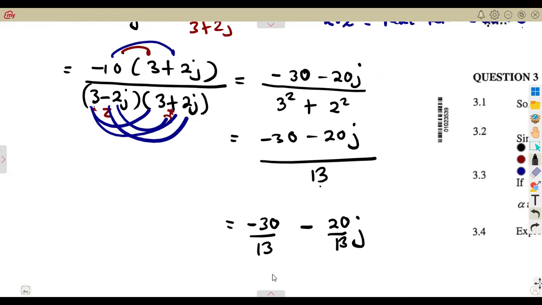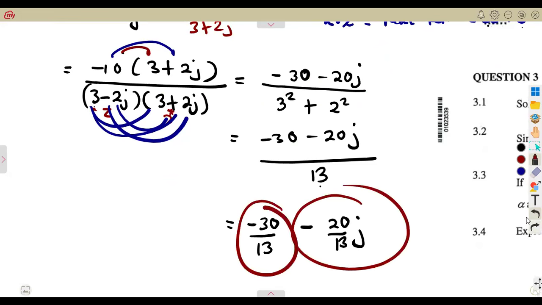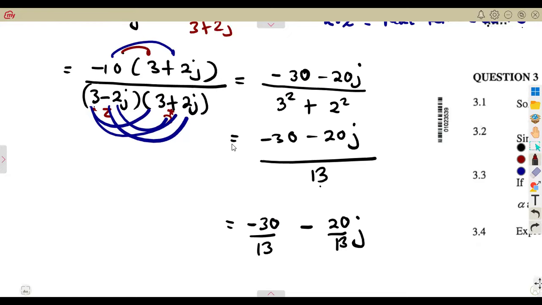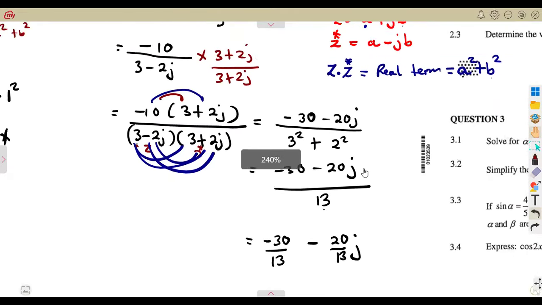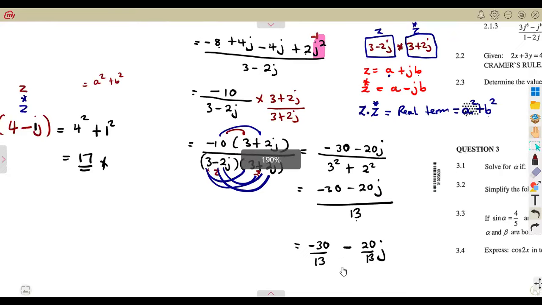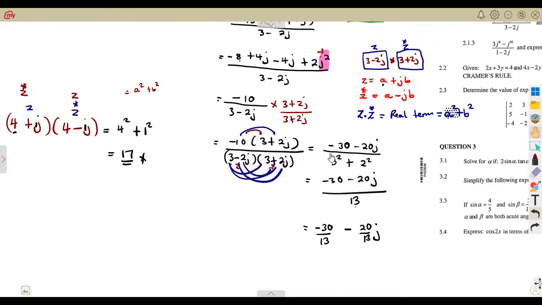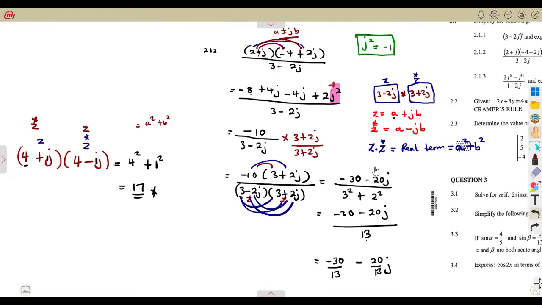You can even write it as a decimal. It's up to you. So we can properly see that we have got our A and the remaining part of the jB, which is showing us the imaginary part and the real part separated. So the real versus the imaginary. So that is your expansion there.